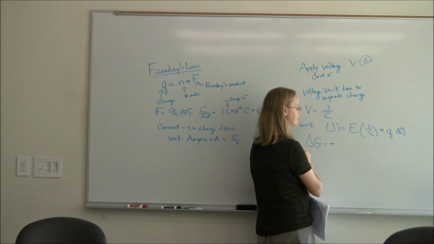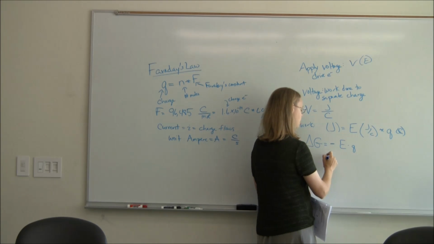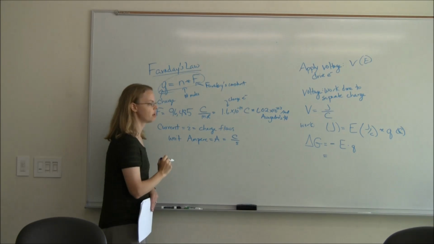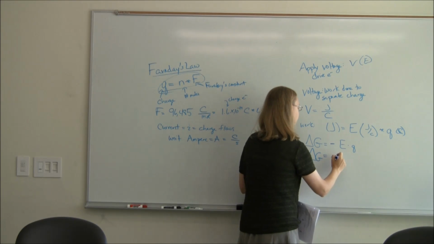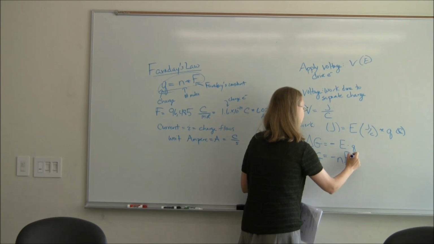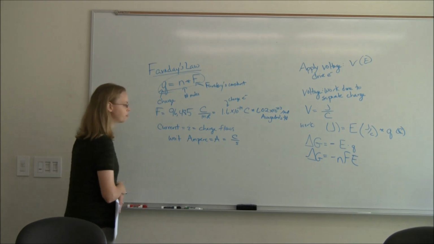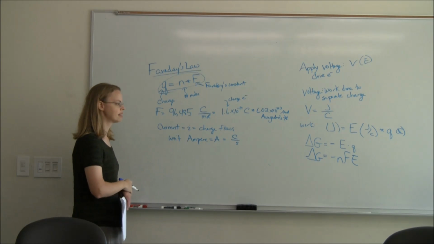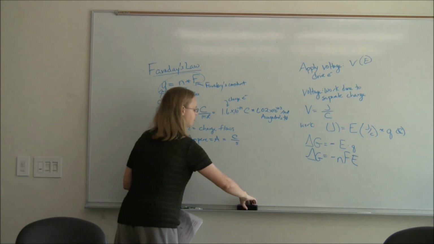The work done on the surroundings ends up having a minus E times Q. But I know what Q is, I did Faraday's law. And so I can say delta G is equal to minus N times F times E. So that's the basics for a definition of delta G that you may or may not be as familiar with.